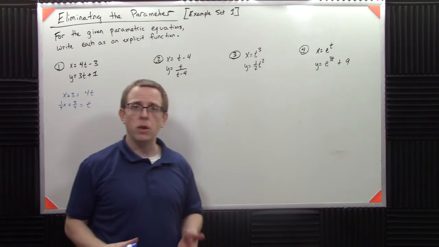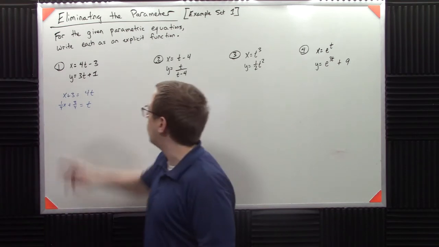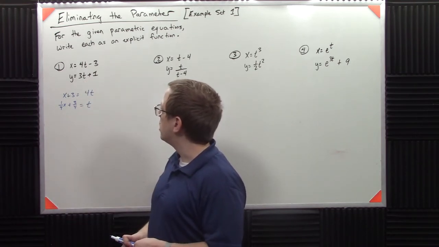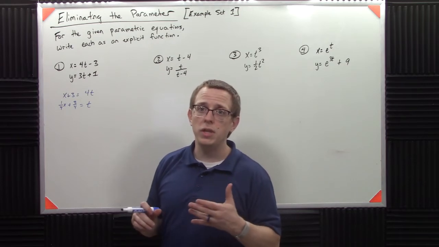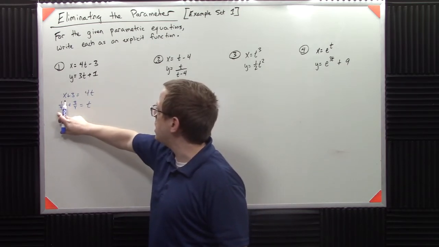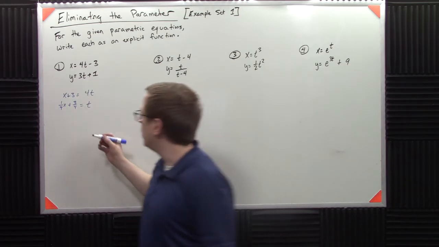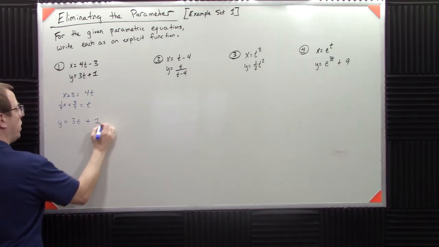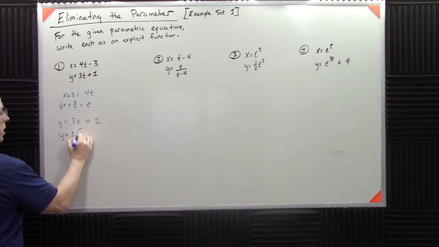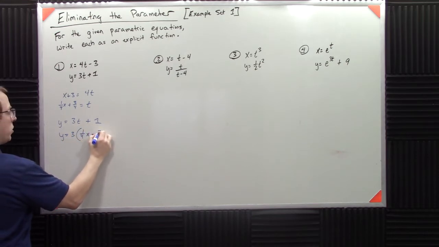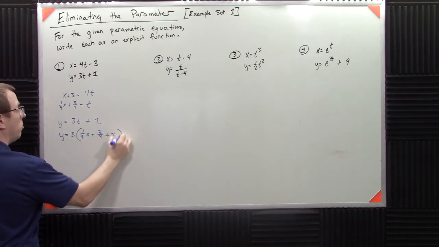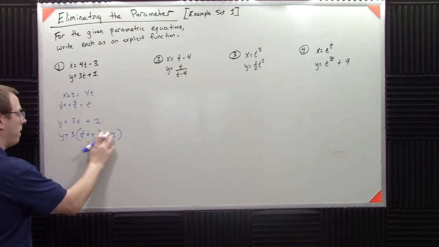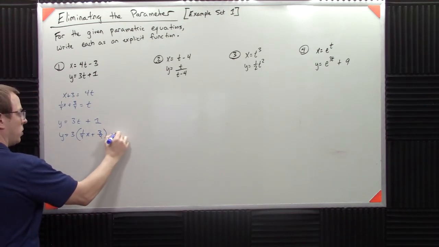By doing that, I can say y is a function of t, so I can replace the t with this expression. I know that y is 3t plus 1, so y is 3 times (1/4 x plus 3/4), plus 1.